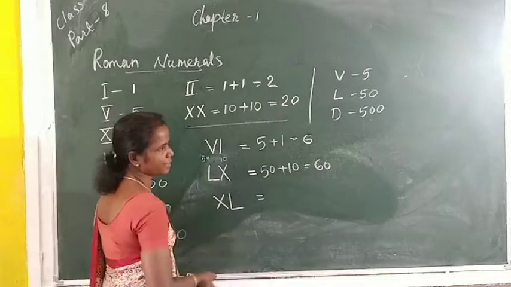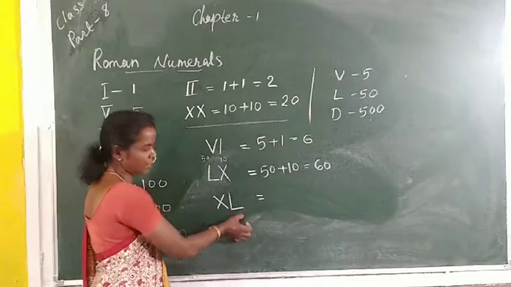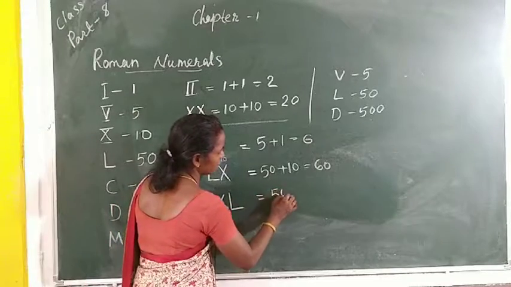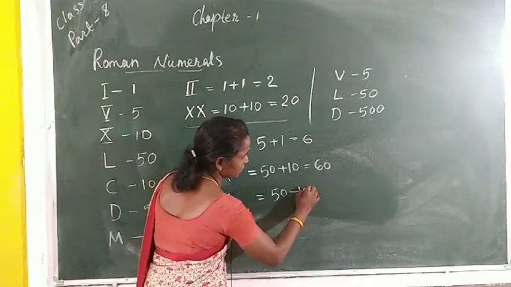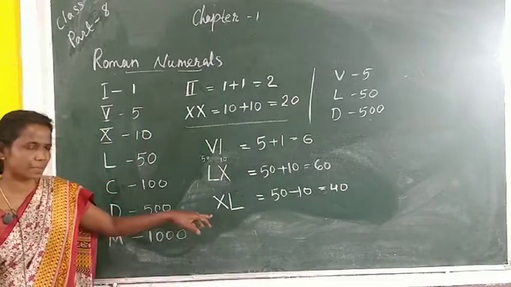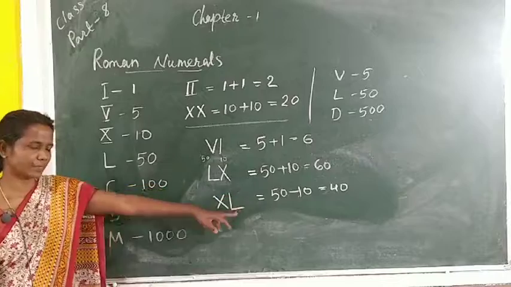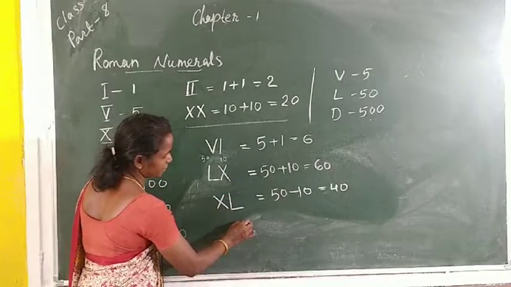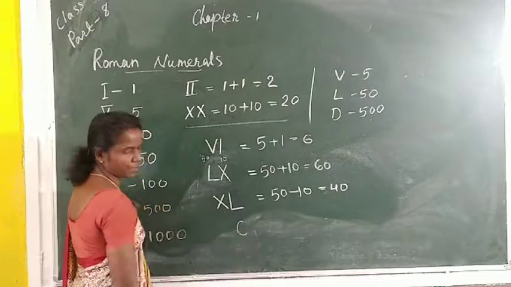Here 50 is the greater value and 10 is the smaller value, so 50 minus 10 is equal to 40. Is it clear?